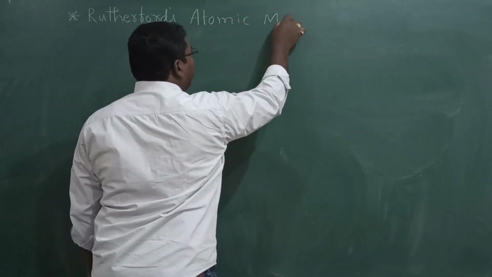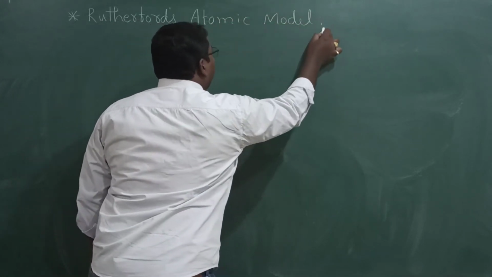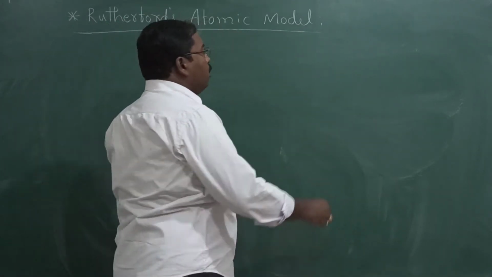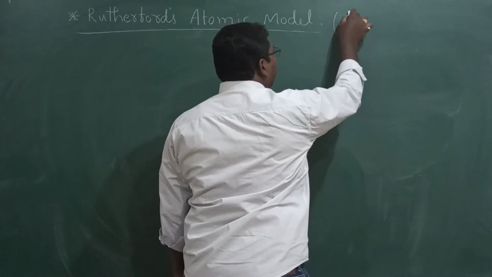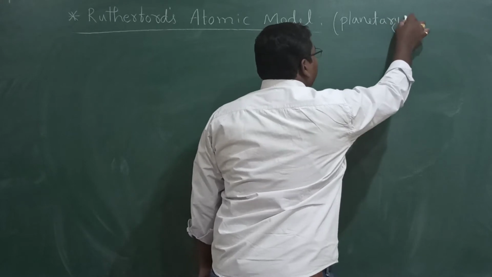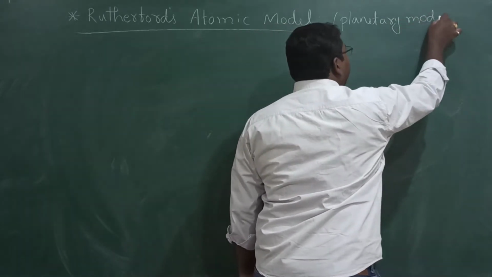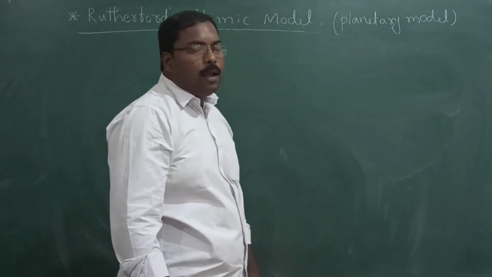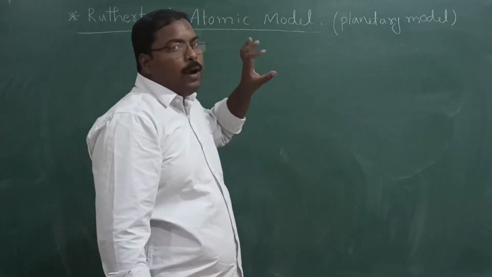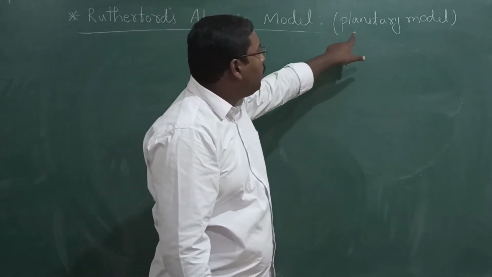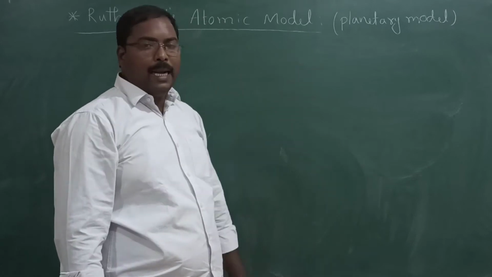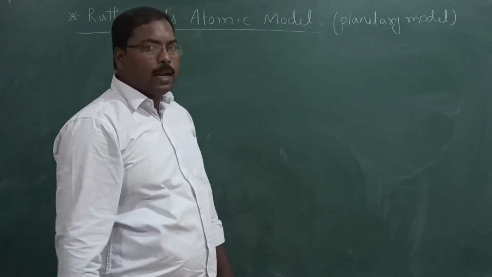Rutherford's atomic model, a very important model, is also known as the planetary model. Thomson's atomic model is known as the watermelon model. Rutherford's atomic model is also known as the planetary model. Why it is called a planetary model, we will discuss further.